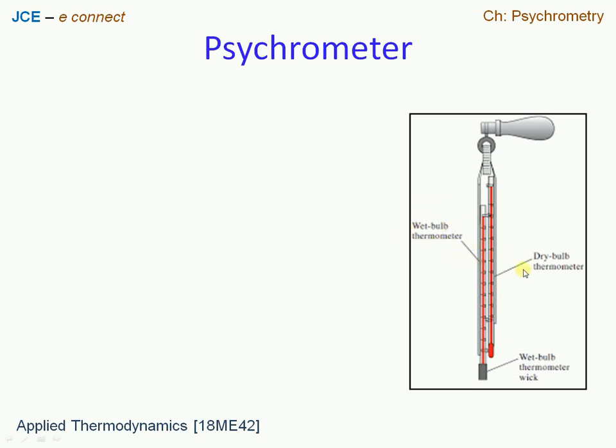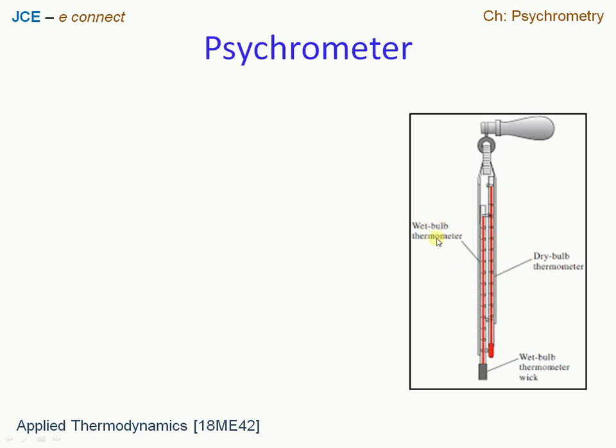So we see a basic difference here: in the dry bulb thermometer, the bulb is simply exposed to the ambient dry condition, and in the wet bulb thermometer, the bulb is wrapped with a cotton wick completely saturated in water.